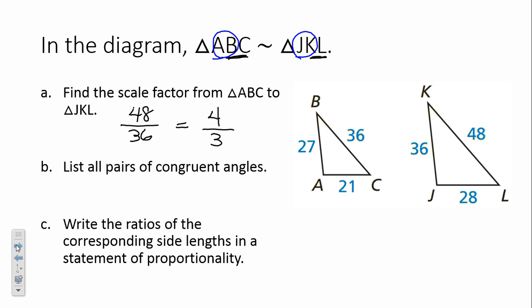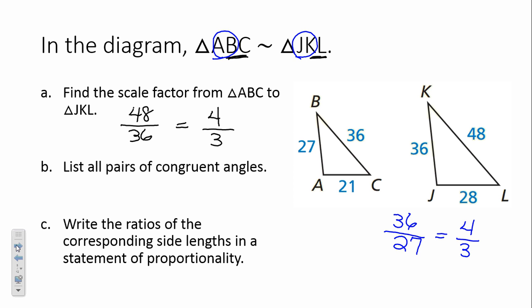Okay, so JK is 36 and AB is 27. The scale factor of this is 36/27, but we want to always reduce it to lowest terms so we all have the same scale factor. Okay, so they both have 9 in common. Okay, 36 divided by 9, 27 divided by 9.